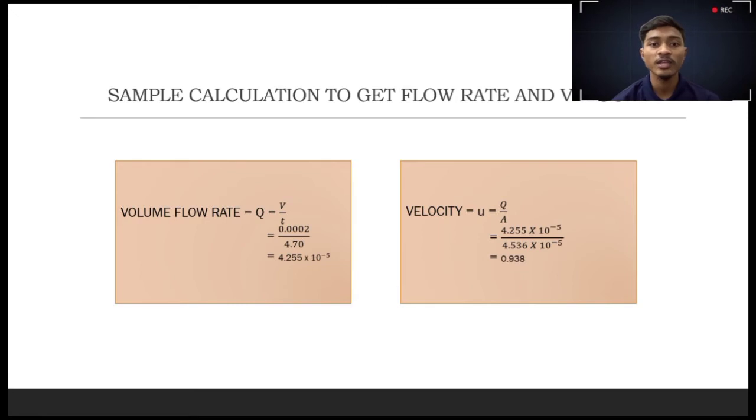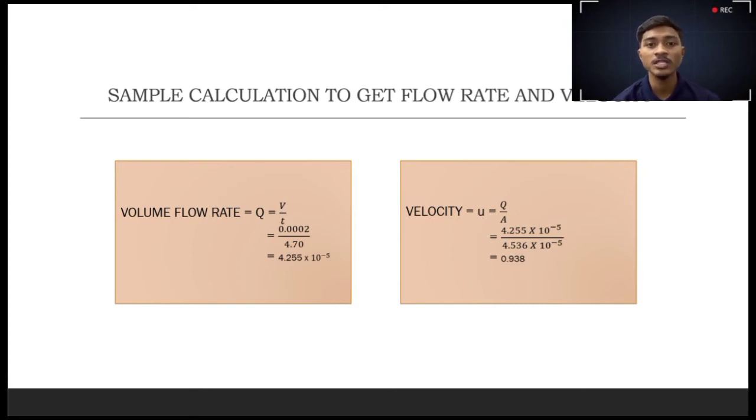For volume flow rate, the equation is Q equal to V divided by T. So 0.0002 divided by 4.70, and we get 4.255 times 10 power of -5.